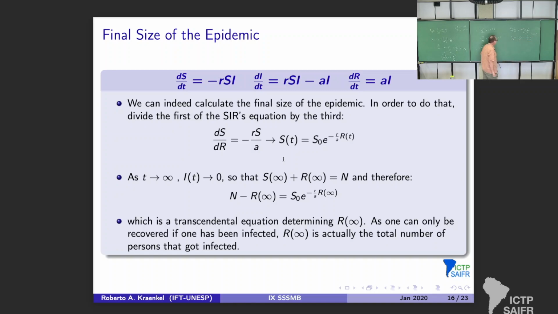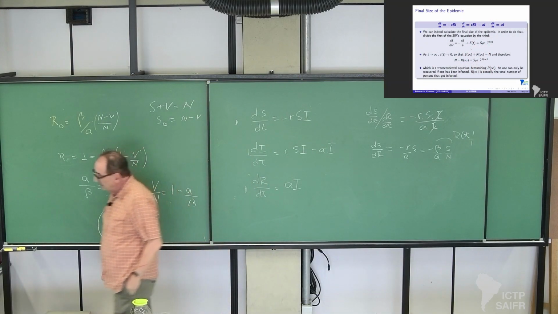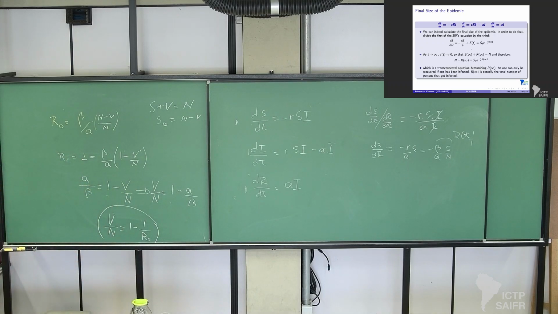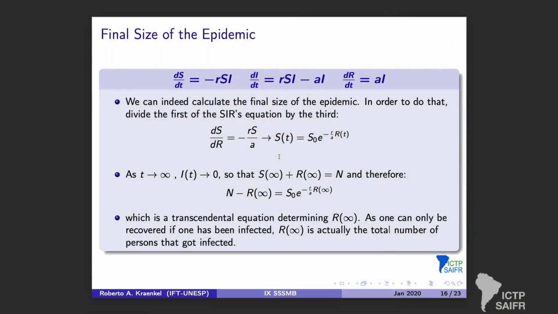Okay? So, well, then, obviously, this is an equation which says dS. Okay, R of, that's a mess. This r is not the same r. Let's say, I would put a 2 bar. This is the reproductive number, okay?